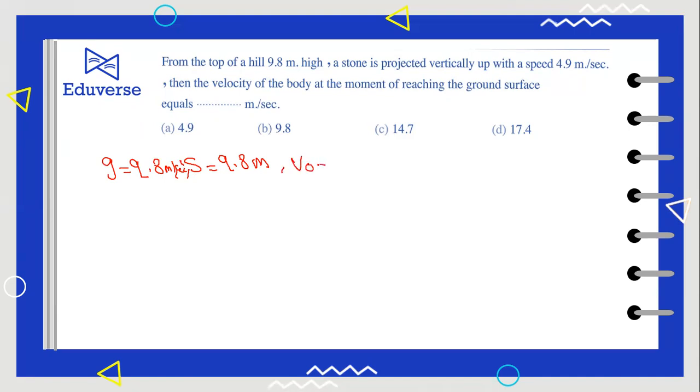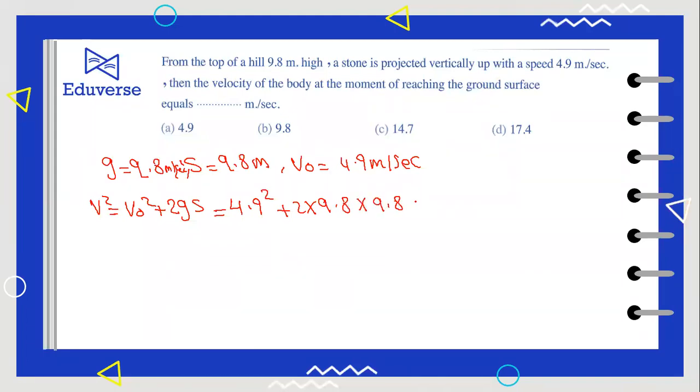Okay, the initial velocity V naught is 4.9 meters per second. Then I can use the rule. I wanted to find the velocity. V squared equals V naught squared plus 2gs, equals 4.9 power 2 plus 2 multiplied by gravity 9.8 multiplied by the distance 9.8.